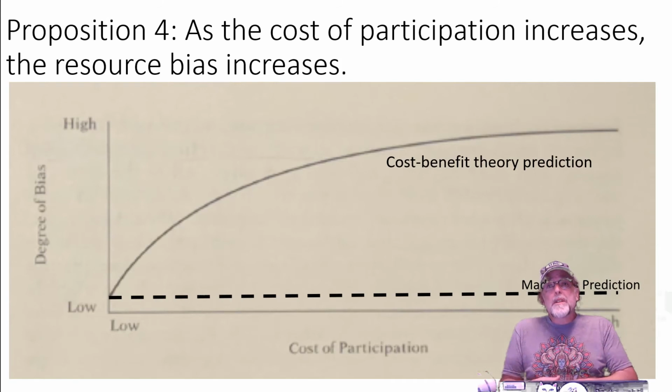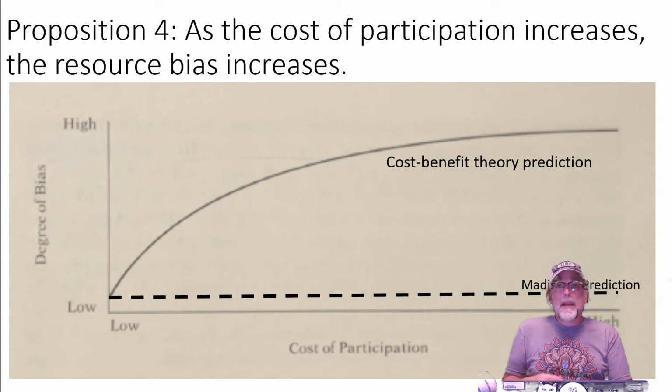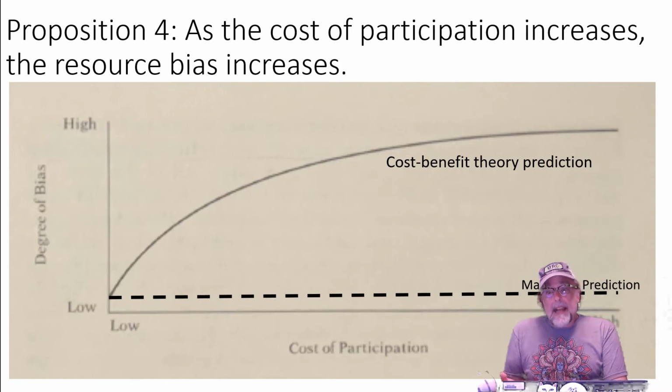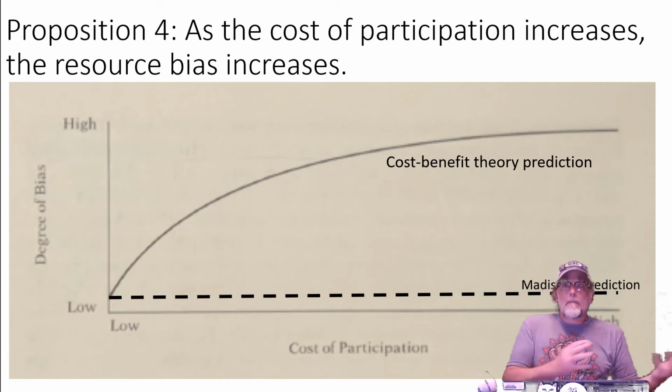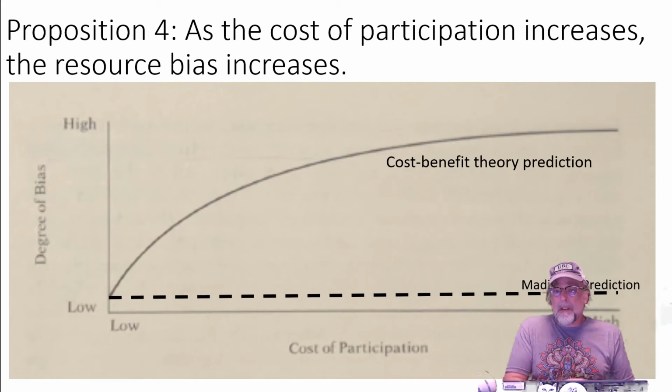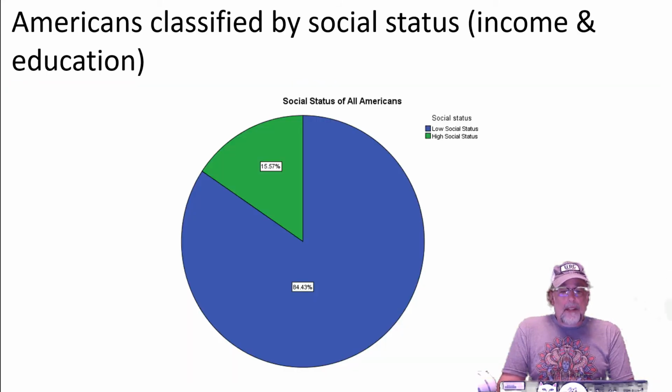People with more resources are more likely to get involved. For that reason, when it comes to higher cost forms of participation, we're going to expect to see overrepresentation of high status groups in these more costly forms of participation. So let's take a look at this.